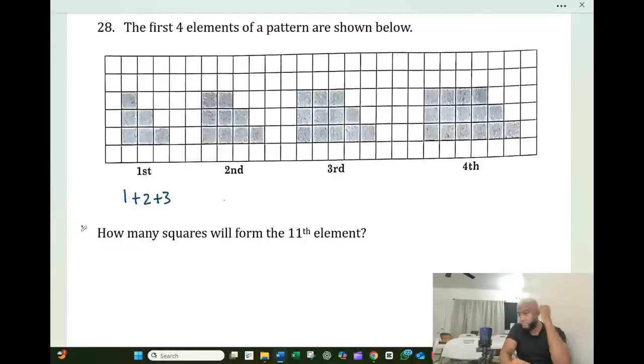Everybody good there? Then the second one, we can have 1, 2, 3, 4, 5, 6, 7, 8, 9 here. It has 9. So could we say that this would be 2 plus 3 plus 4? Watch it. 2 plus 3 plus 4.